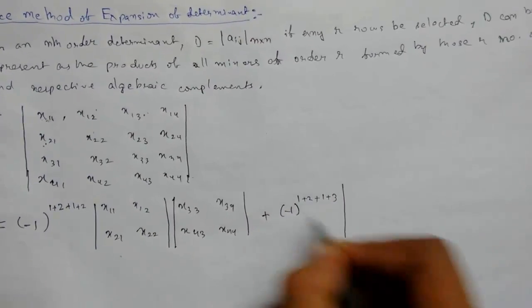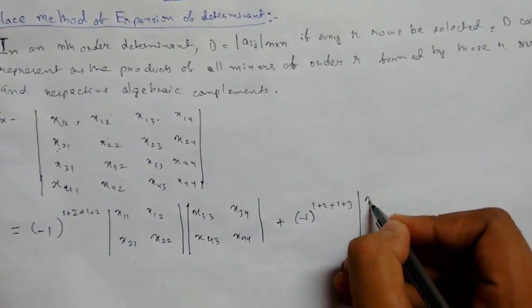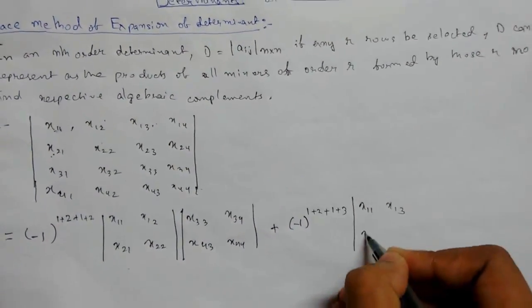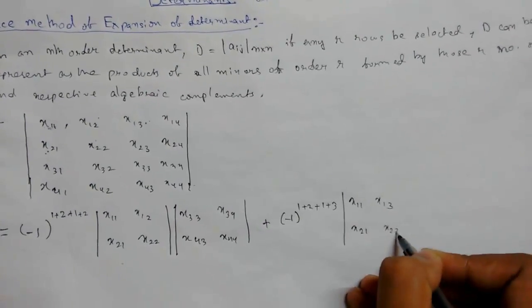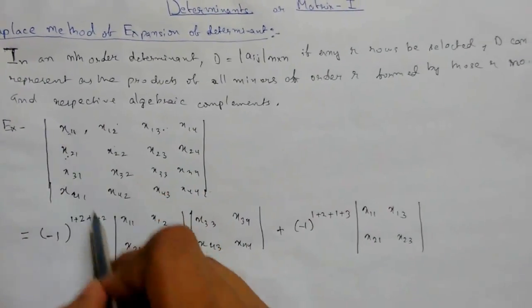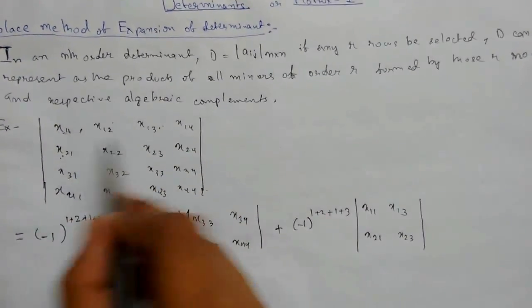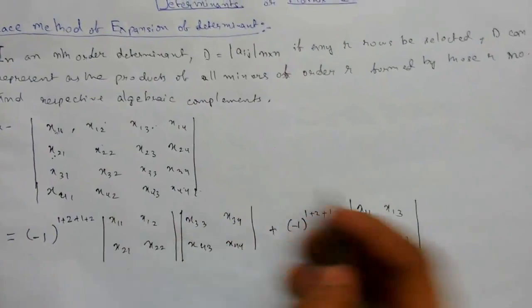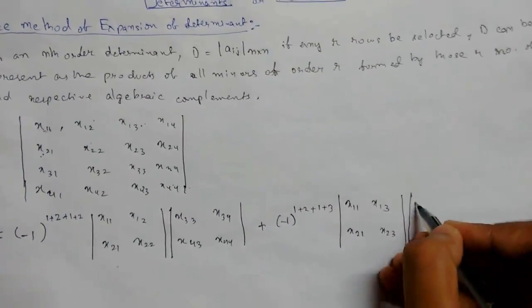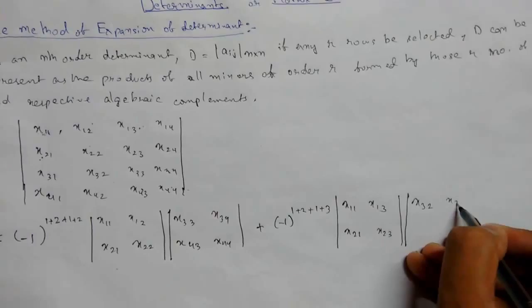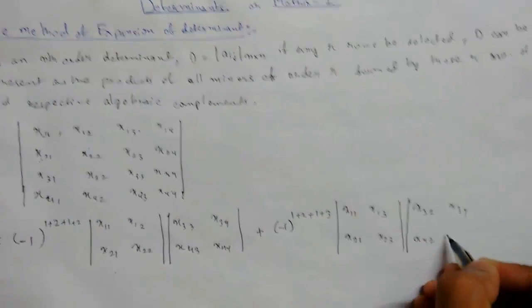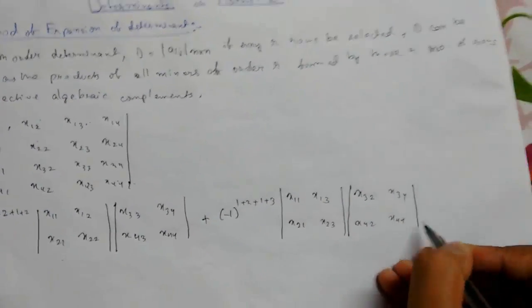Now you will write x11, x13, x21, x23. Now eliminating these two columns and these two rows, we will be left with these 4 elements: x32, x34, x42, x44.